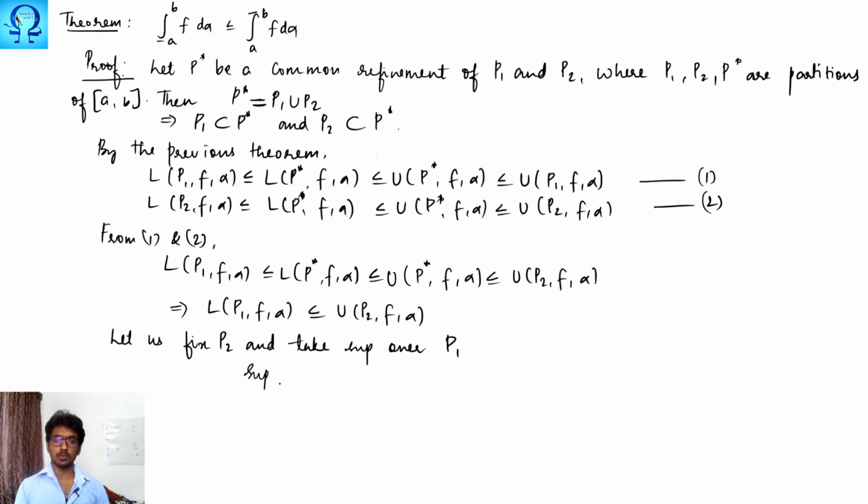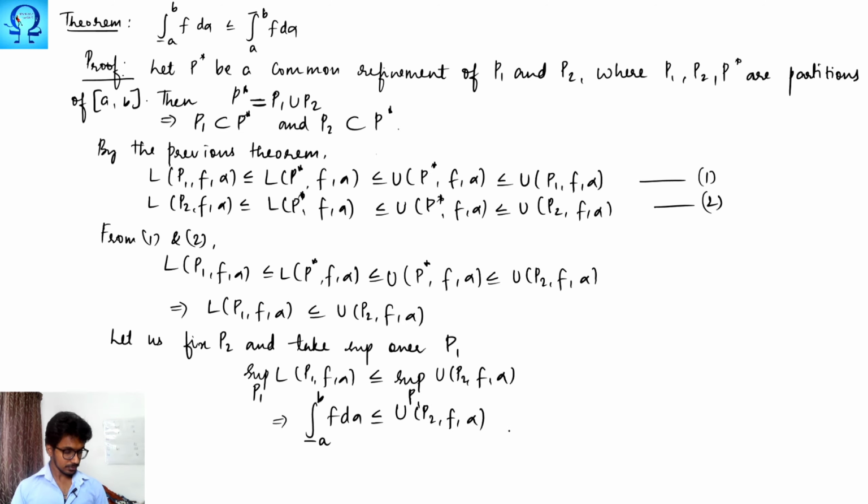So this is supremum of L(P1, f, alpha) less than or equal to U(P2, f, alpha), since the right side is independent of P1 and remains the same. But the left side becomes the supremum of the lower sums. Therefore, this leads to the lower RS integral of f, which is less than or equal to U(P2, f, alpha).